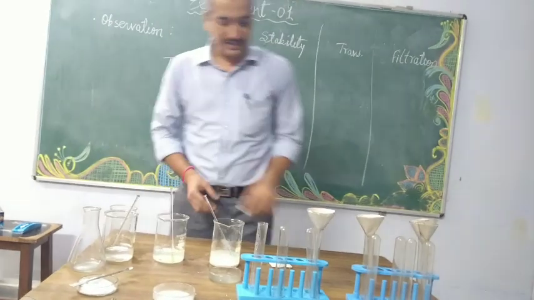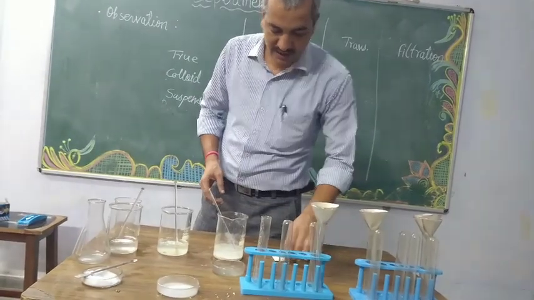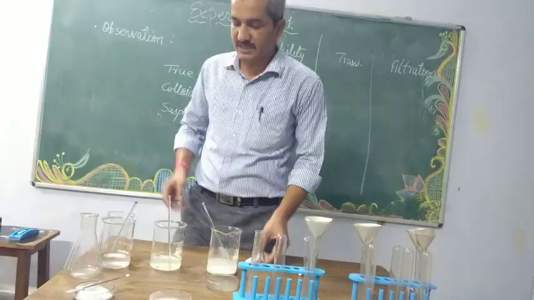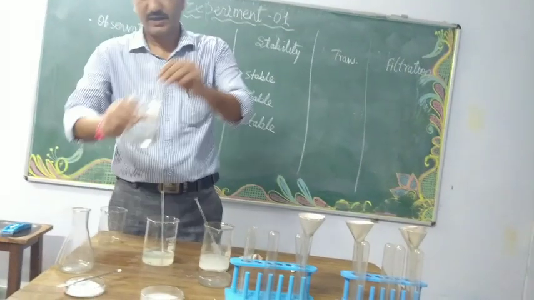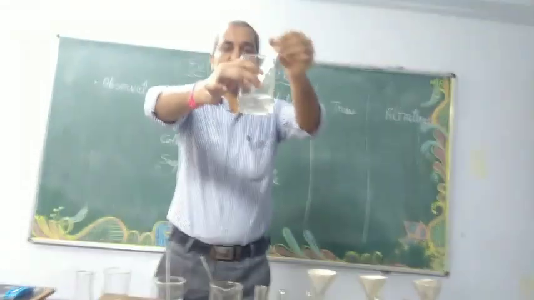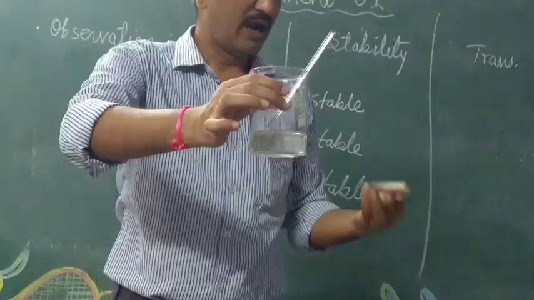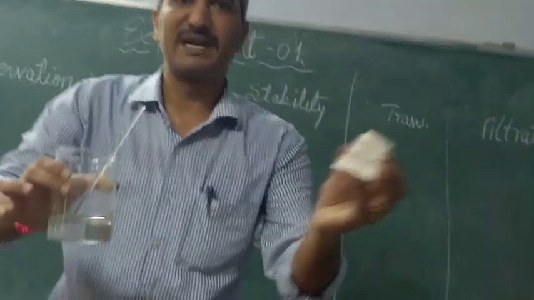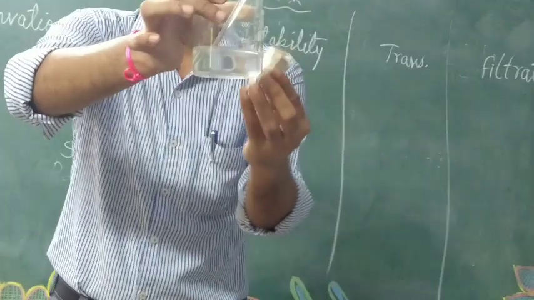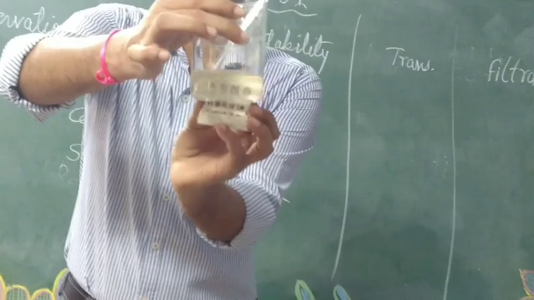For transparency, you can easily observe the transparency of the solutions. The solution A at the rightmost is the true solution of common salt, and you can see something printed on this paper, and I will place it here. Are you able to see this?